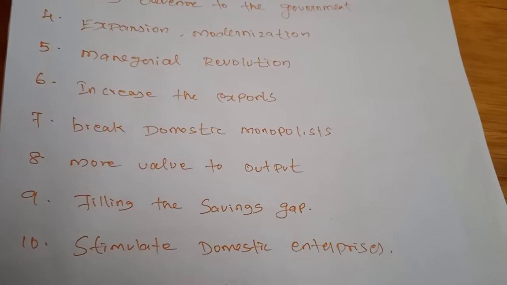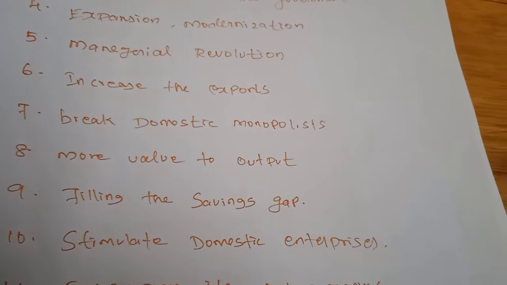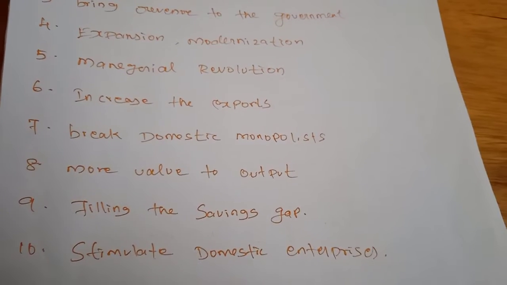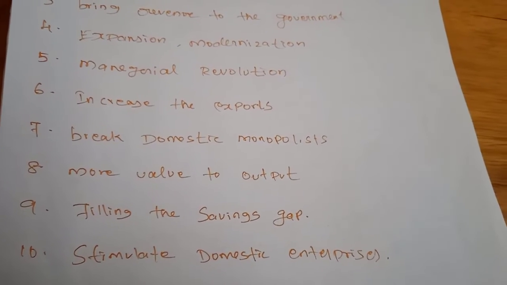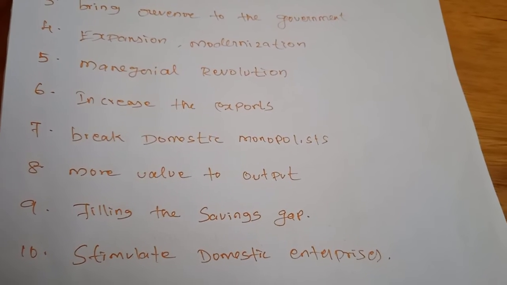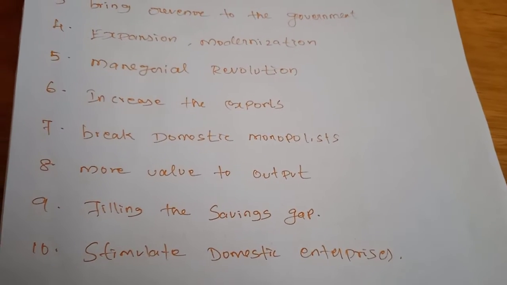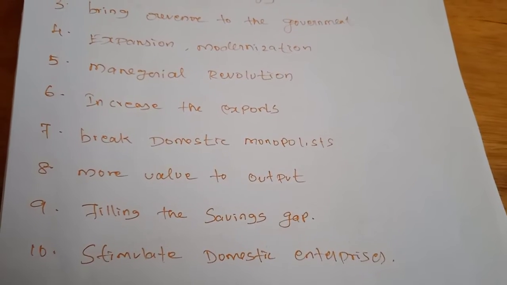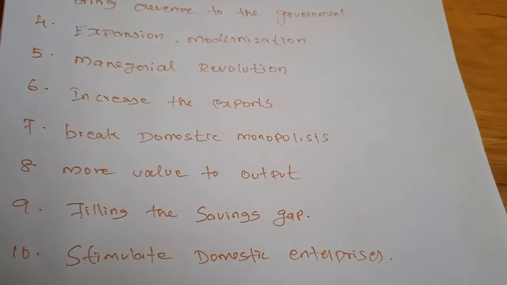Next, the more value of output. If foreign direct investment adds more value to output in the recipient country than the return on the capital from foreign investment, then the social returns are greater than the private returns on foreign investment.